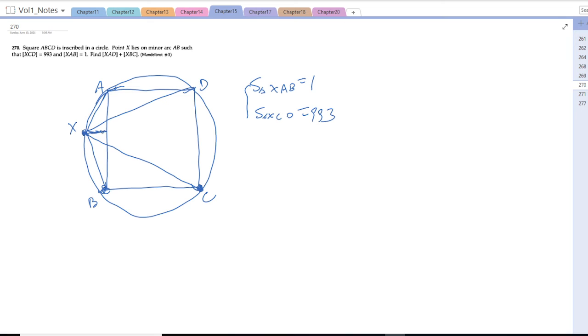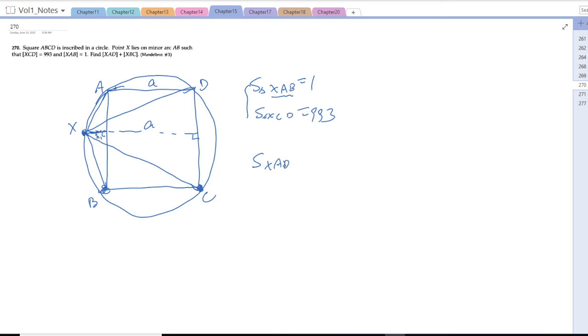So let's see, this one is the H1, right? Then this is the A, so this is the A, right? So from the XAB, right? What we want to find is XAD and XBC, right?